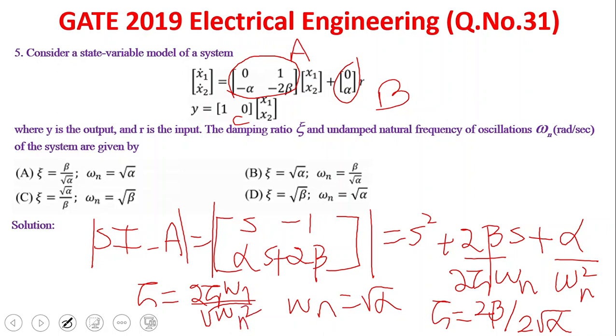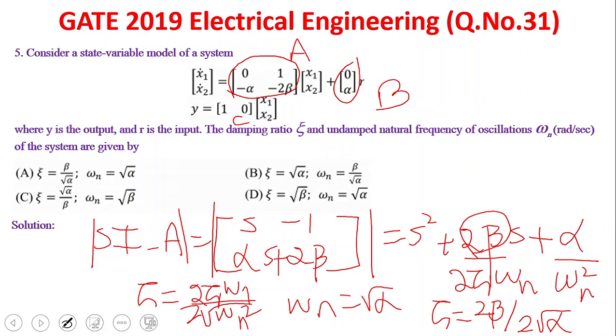So this 2 will cancel. What is 2 zeta omega n? It is 2 beta.